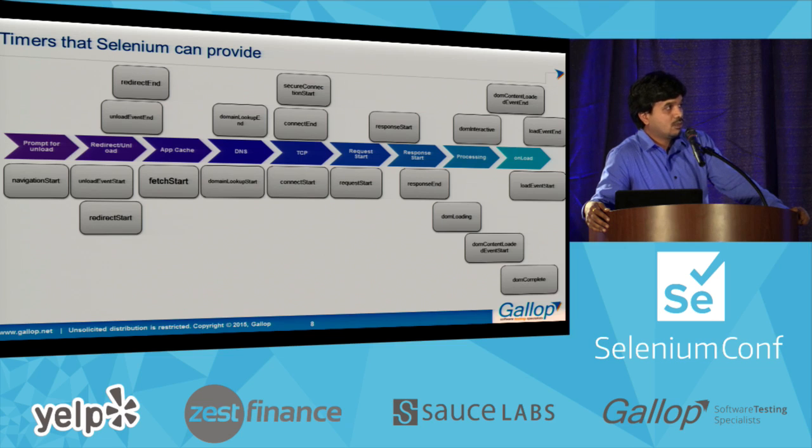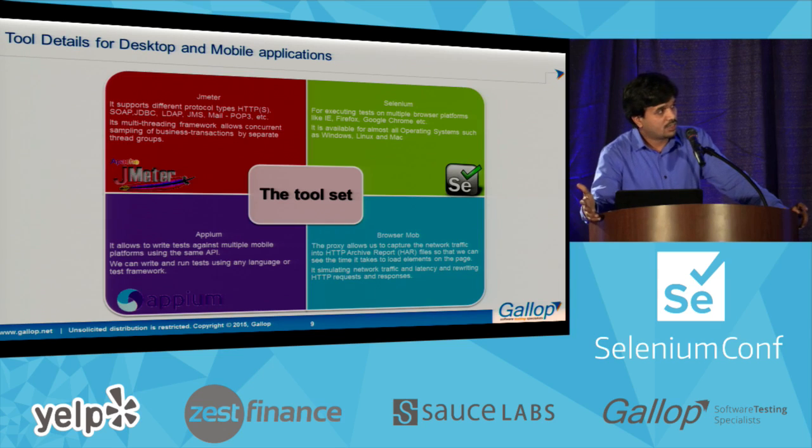You might want to see what time your web pages are spending on getting connections, and what time they are spending on getting a response from the request. The tool set that we are using here is JMeter. It's a completely open source tool.